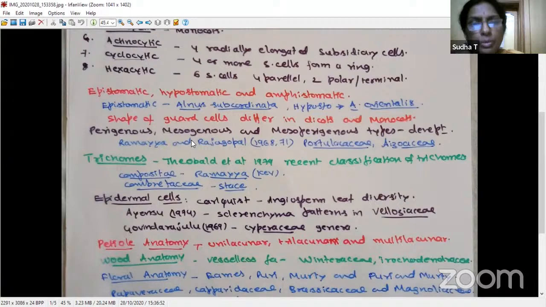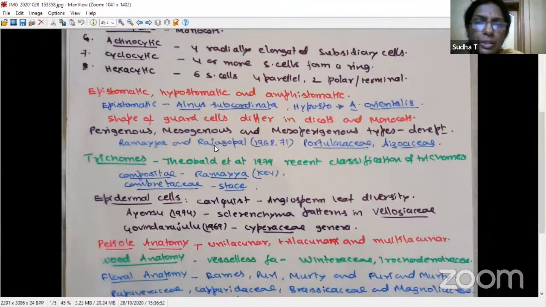Mesogenous means guard cells from one mother cell, and subsidiary cells from another mother cell. And if it is in between, guard cells and a few subsidiary cells from one cell and subsidiary cells from another cell, it is called mesoperigenous. So a mix of both the types.